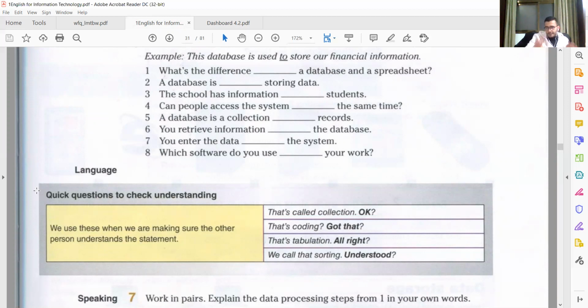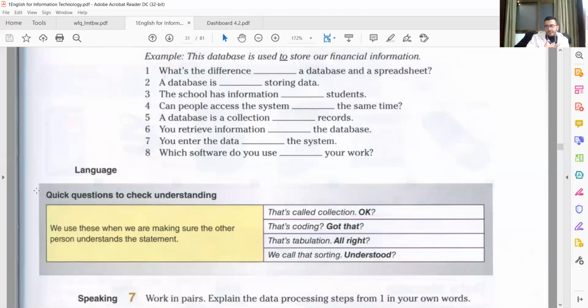Now, usually, when we talk to someone, especially if this someone is inferior to us, if we are superior, if we teach this person or these people, we ask them questions. We use some expressions or questions or words to make sure that they understand what we said.